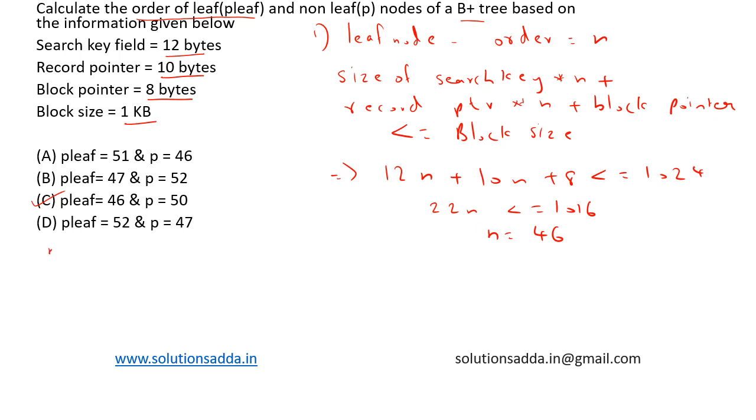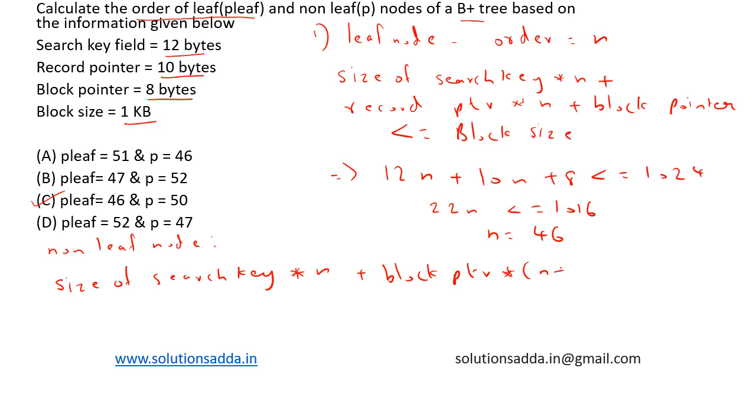Now for non-leaf node, we can calculate it as size of search key into n. Here n represents the order of non-leaf node plus block pointer into n plus 1 less than or equal to 1024.